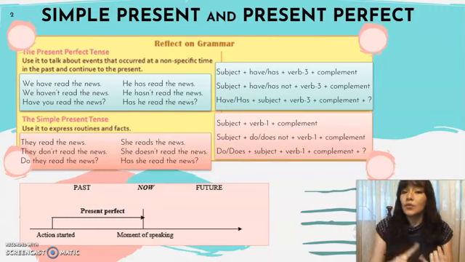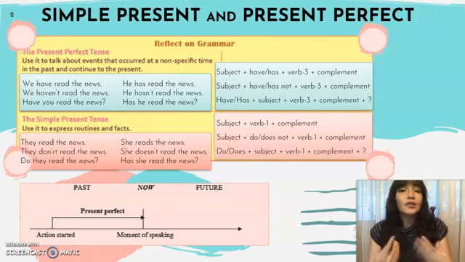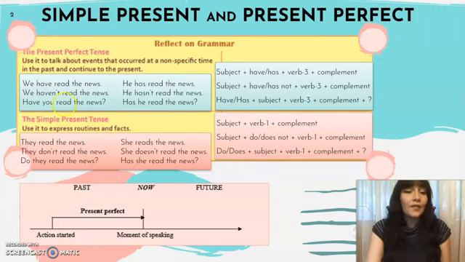For example, go to school, brush our teeth, do homework, and so on. And facts are the things that we know are true all the time. For example, a fact is that the sky is blue and the sun is yellow.